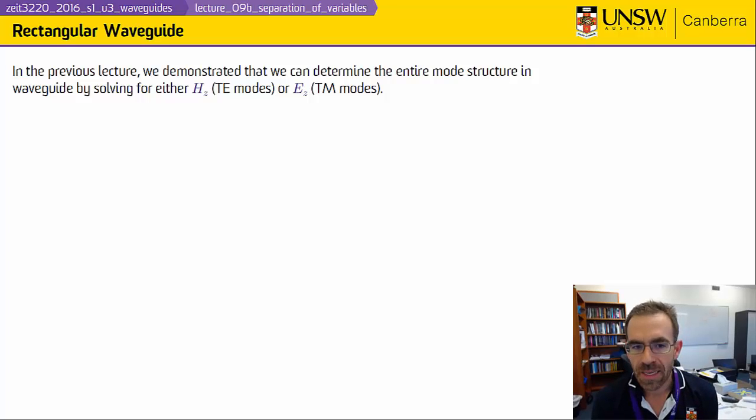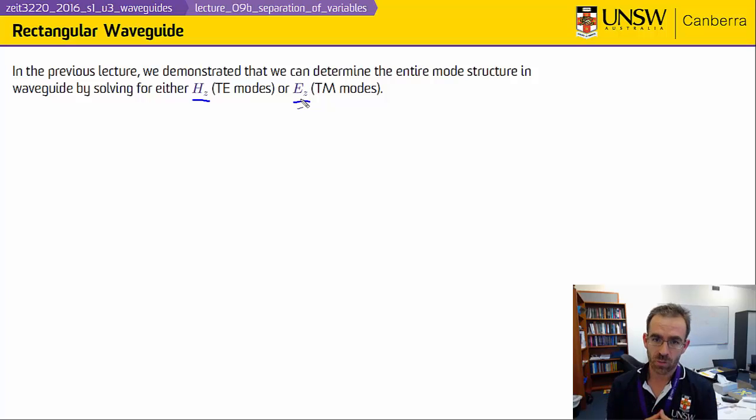In lecture 9a, we demonstrated that so long as we could solve for either H sub z or E sub z, we're able to determine the other four field components by using the waveguide field equations. This is very important because it allows us to take the vector Helmholtz equation and reduce it to a scalar equation.